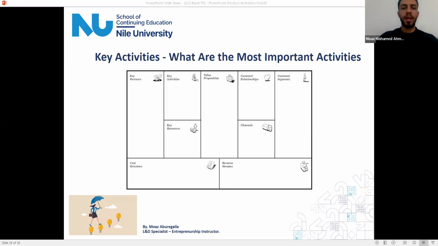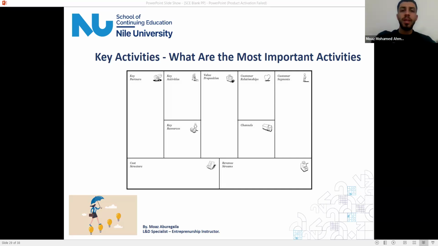So moving from the key partnerships and thinking about who your key partners are and how well they help you to deliver your value proposition, we have to think about what our key activities are, what are the core activities your business needs to perform in order to deliver your value proposition effectively. So the key activities are the essential tasks and operations that are required to make your business model work.